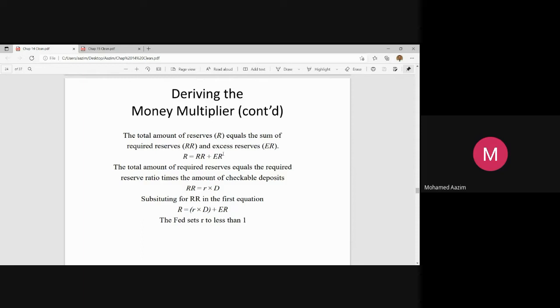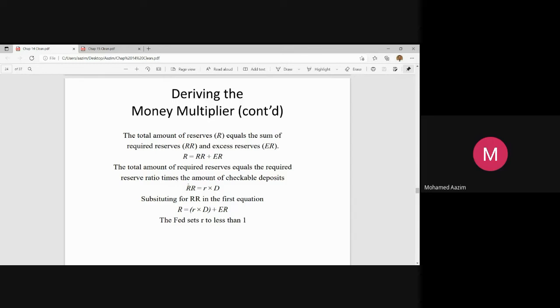right? Required reserve ratio is small r times deposit base would define what is your required reserves, right? So it's here.